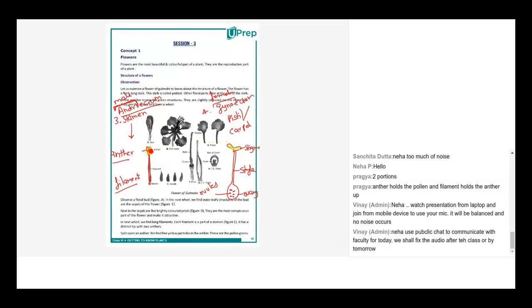When the pollen grains are shifted from the anther to the stigma, maybe of the same flower, maybe of a different flower of the same tree or a different tree but of the same species, this is called pollination. And pollination is always done by a pollinator. This is what we've been discussing. The pollinator could be wind, air, insects, birds, human beings. So these are the four whorls of a flower, and this is the basic concept of pollination.